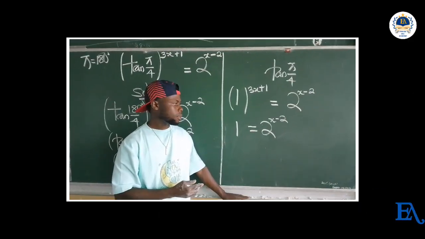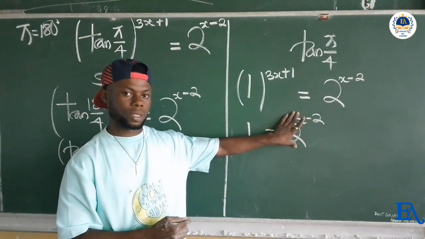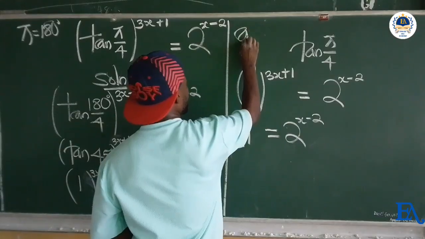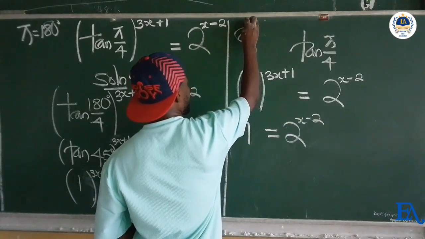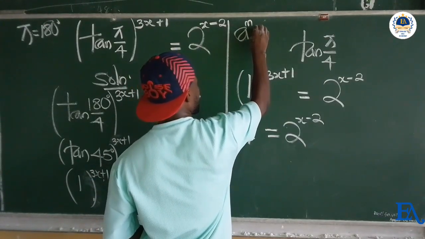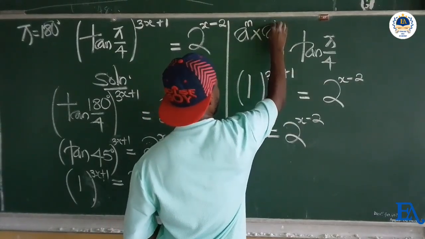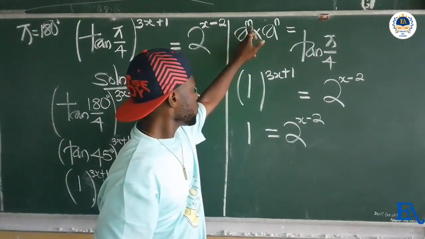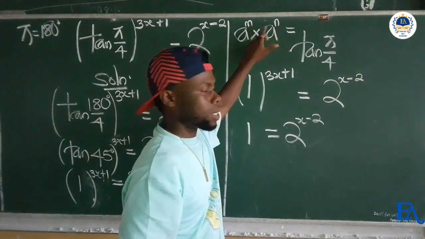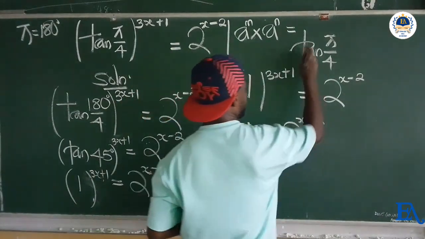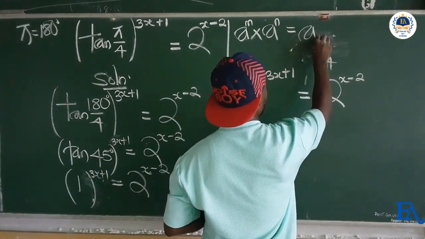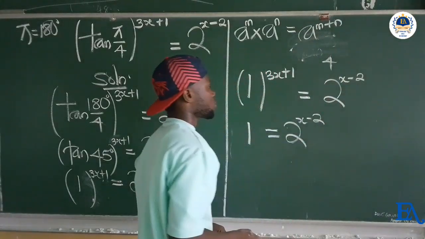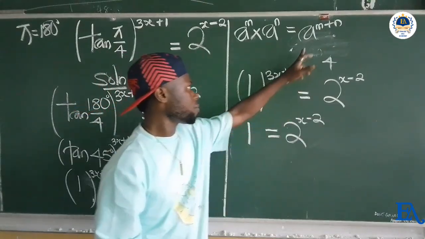Now let us apply the multiplication law of indices right here. The multiplication law states that if we have a raised to the power of n times a raised to the power of n, provided the two bases are the same, we must add up their respective powers. That will give a raised to the power of n plus n. Now let's compare what we have here with this.